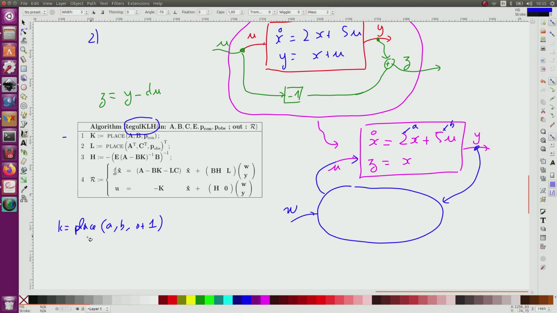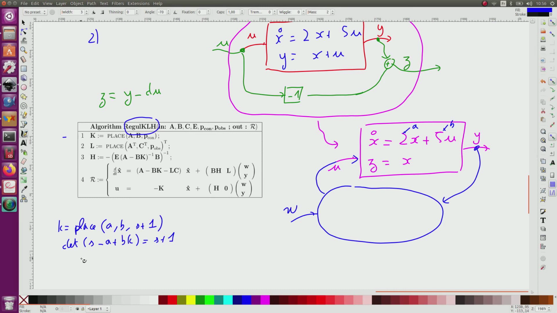So to solve this, recall that I have to solve the determinant of sI minus A plus BK is equal to s plus 1, and since everything is scalar, the determinant of the argument is the argument itself.